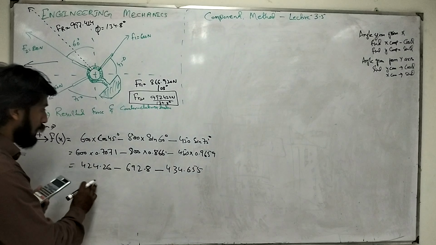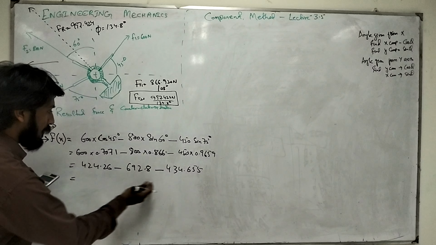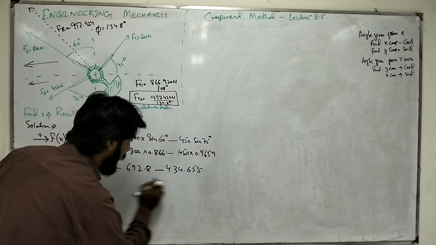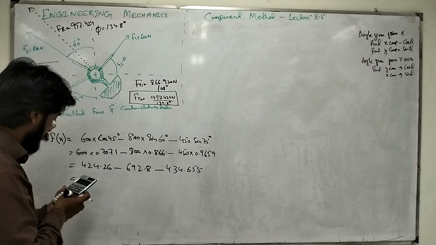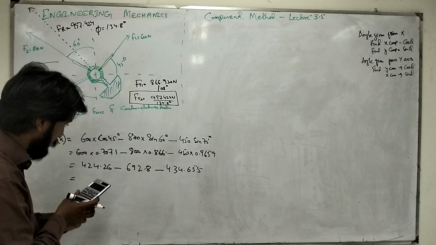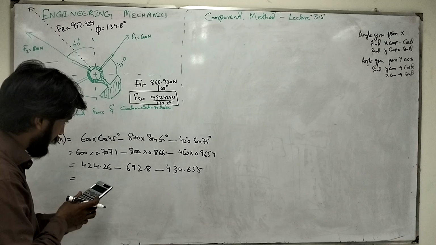So we have minus 434.655. If we take this out, what I usually do is add these two forces together. This way the student has a good understanding. I'm going to follow the same practice over here, but you can skip it. So we have 434.655 and 692.8 in the negative direction, which makes a negative force of 1127.455, and a positive force of 424.26.